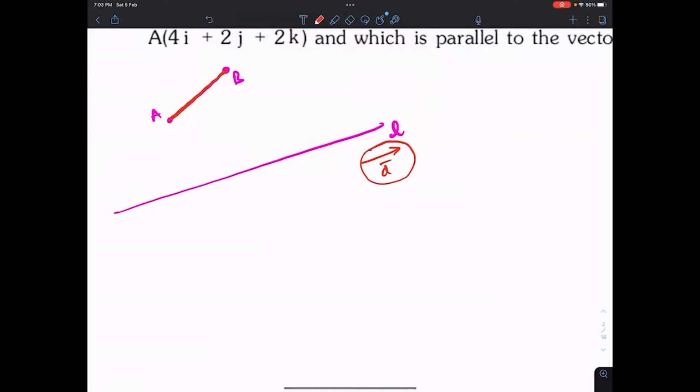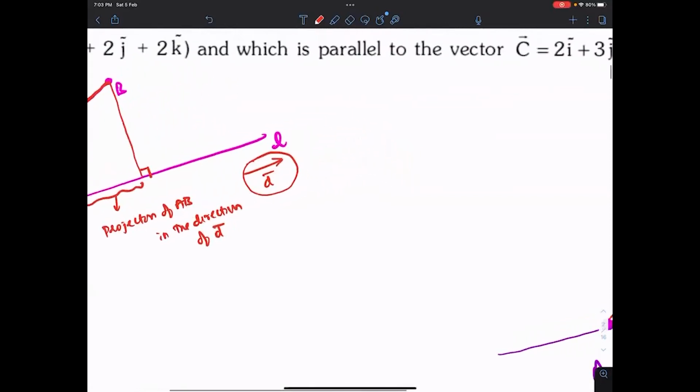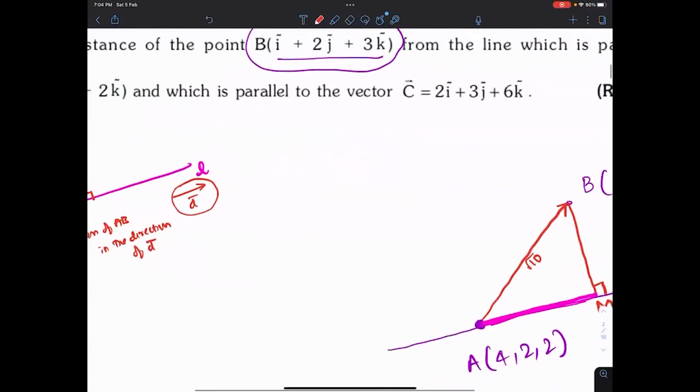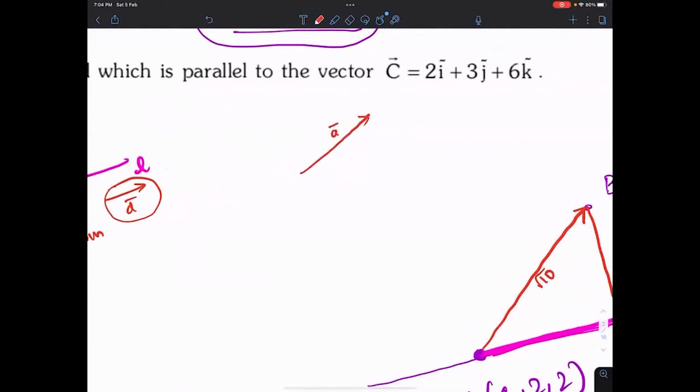Okay, so whenever you have that one, what you do is you drop a perpendicular from A, a perpendicular from B. Then this length, whichever is there, that is called the projection of AB in the direction of d bar. You all know the formula. If this is the vector A bar and the direction of this line is B bar, then this is the projection.